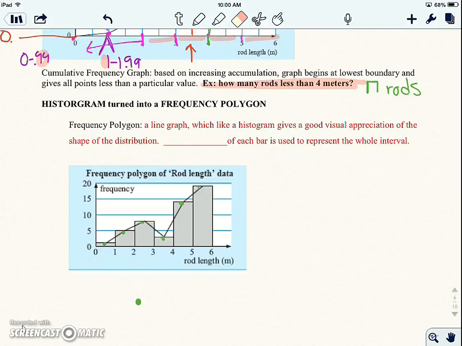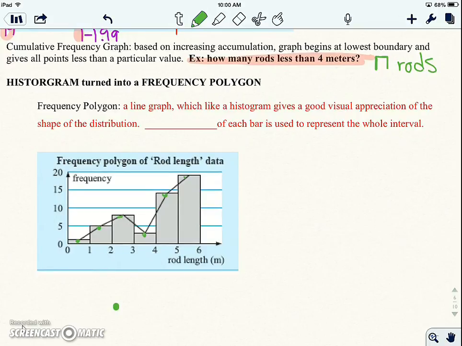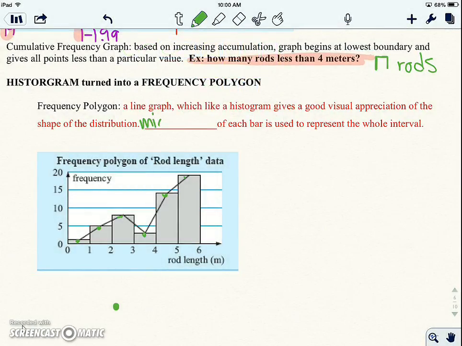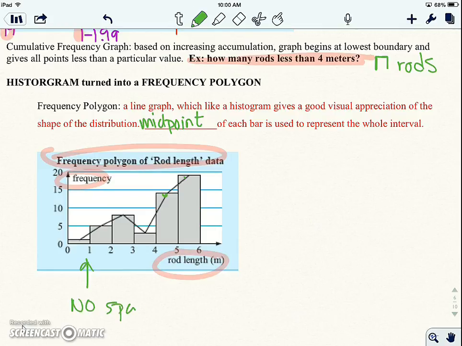And to fill in the blank, it says a line graph, which like a histogram gives a good visual approximation of the distribution of shape. The midpoint of each bar is used to represent the whole interval. And again, notice on the histogram that there are labels, labels, labels, and more importantly, no spaces between the bars because the data is continuous, and it goes in order from least to greatest.